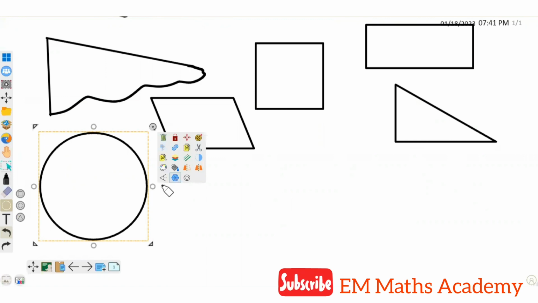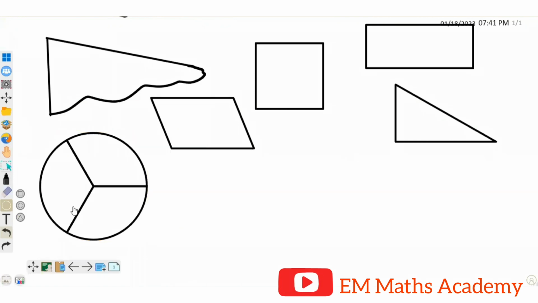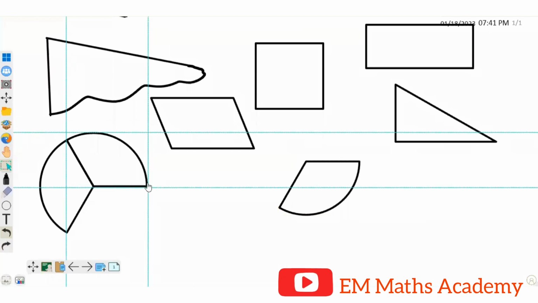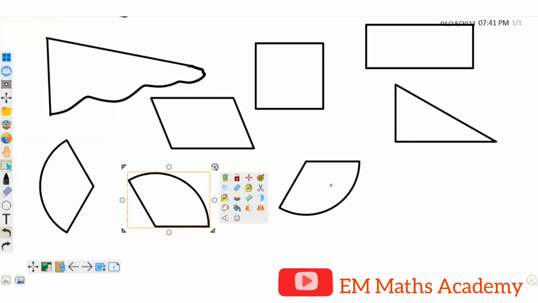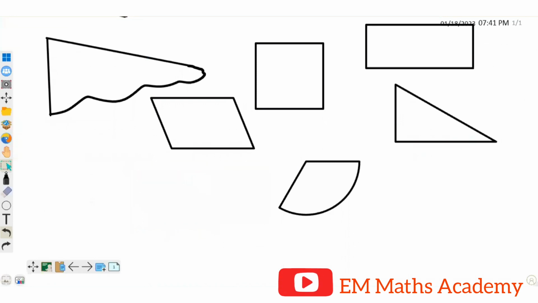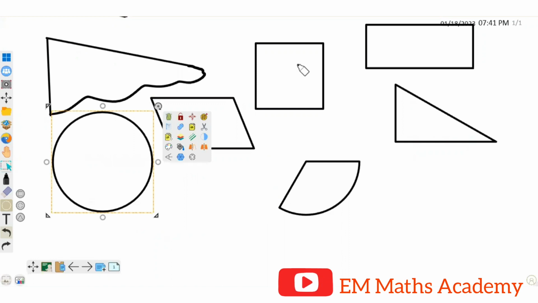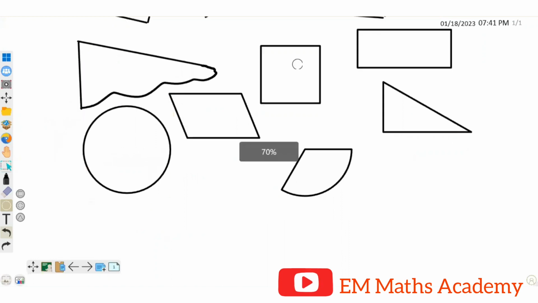And if we consider a part of a circle like this, then these are bounded by a straight line segment and a curved line. Okay. Then these are also called closed plane figures. Okay. Now these are the examples for closed plane figures.